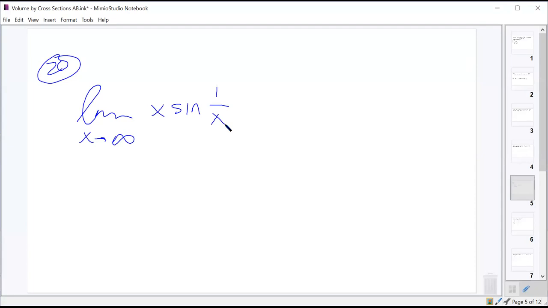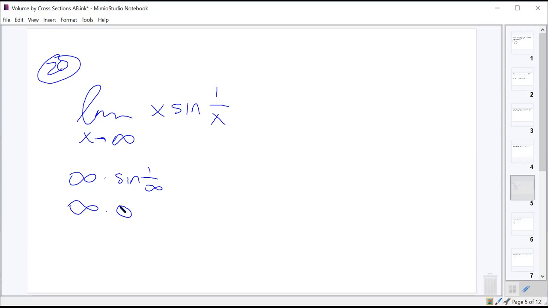So this one is, if I plug in infinity, this becomes infinity times the sine of 1 over infinity. And 1 over infinity is 0, so this is infinity times 0. But we have an issue there, because infinity times anything should be infinity, but 0 times anything should be 0.